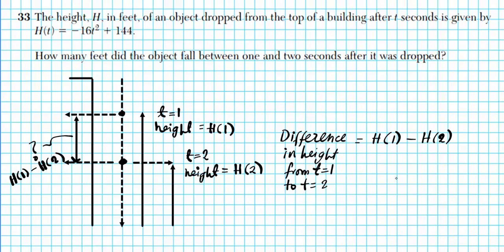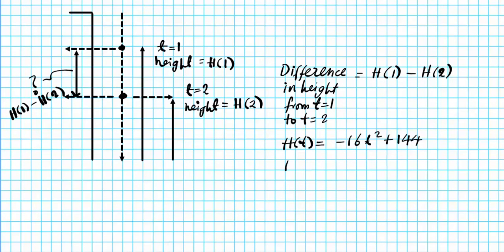Okay, now the rest is going to be calculator work since we already have the function h of t equal to negative 16t squared plus 144. So what are we going to do? What is h of 1? h of 1 represents the height of the object from the ground at t equals 1.